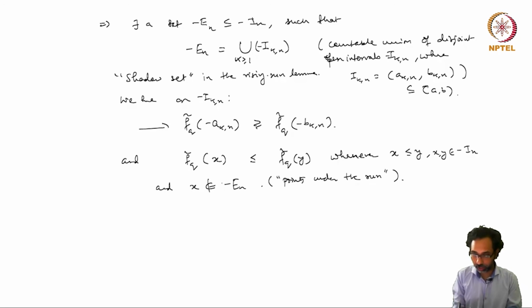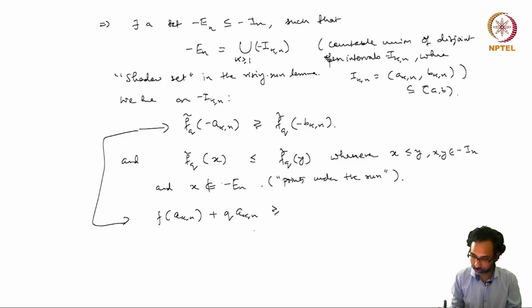And if we unpack this inequality here, we get f tilde q is f of minus akn plus q times minus akn, which is greater than or equal to f of minus bkn plus q times minus bkn.